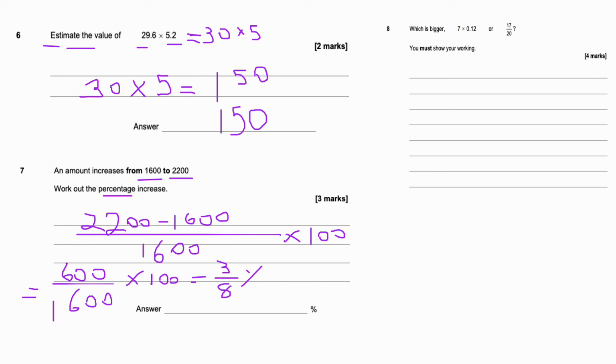So 3/8 times 100. I divide by the bottom, times by the top. 100 divided by 8 is 12.5. 3 times 12.5 is 37.5. So it's 37.5%.